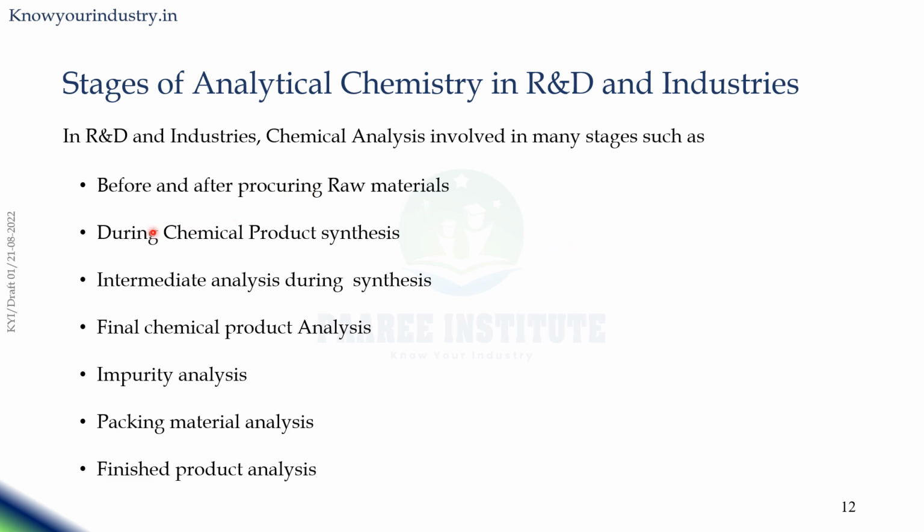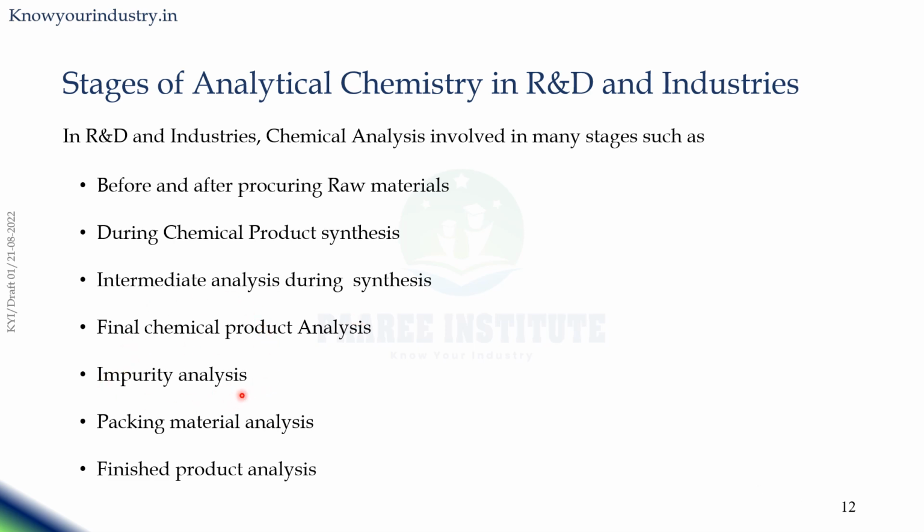Then, during chemical product synthesis in chemical industries, it is required. And intermediate analysis during the synthesis: whether the process is appropriately going on during the synthesis will be determined through intermediate analysis. Then final chemical product analysis in the chemical industry is also required, and impurity analysis of the final chemical product.